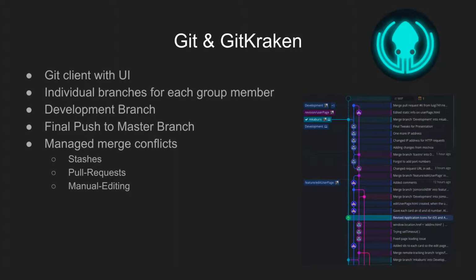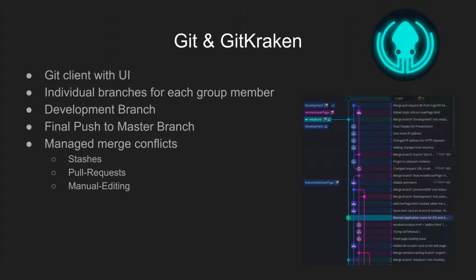The cool thing about this particular program, GitKraken, that we use is that you basically just use your GitHub account, and it'll list all your different repositories. It gives you a nice UI that lets you visualize and see all of your branches and different commits that you've done in a cool timeline. It's very useful, especially when you have multiple people working together, because then everybody can track the progress.